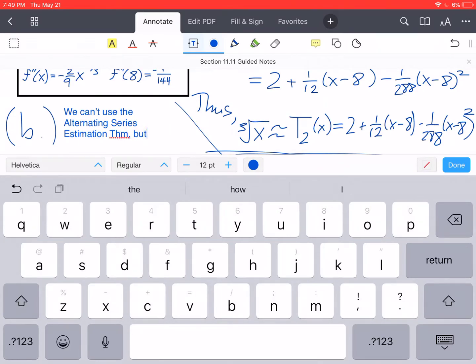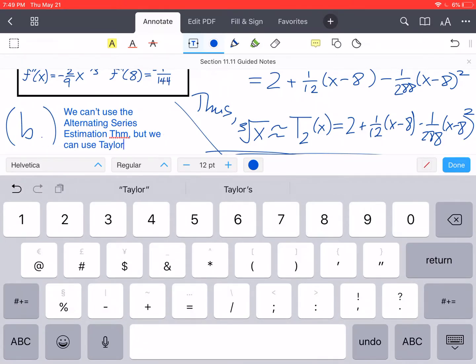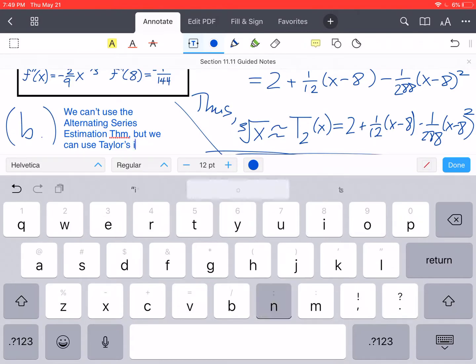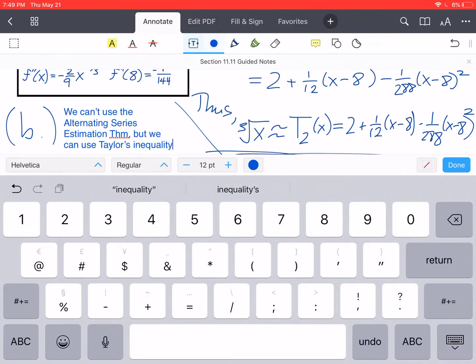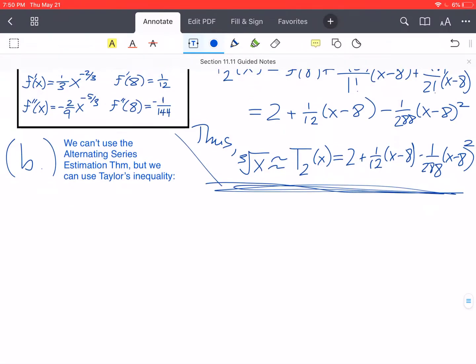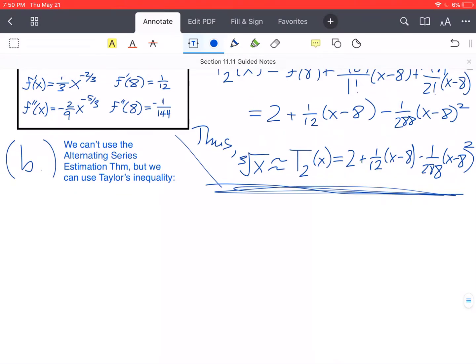But we can always use Taylor's inequality. Okay, so we can always apply Taylor's inequality to this.